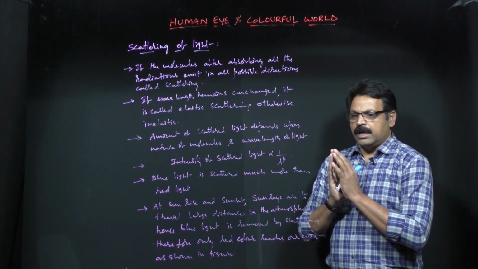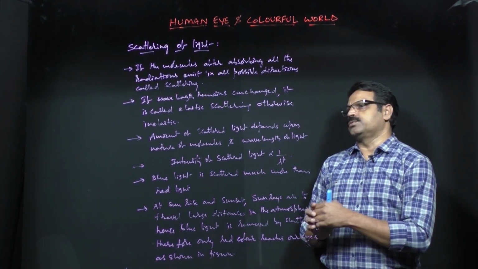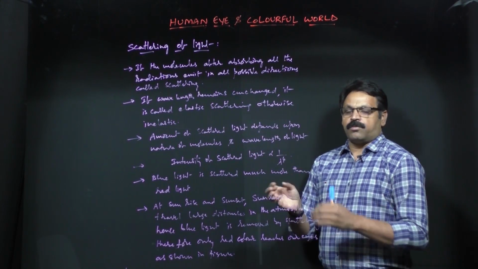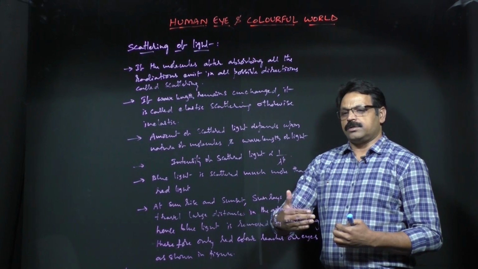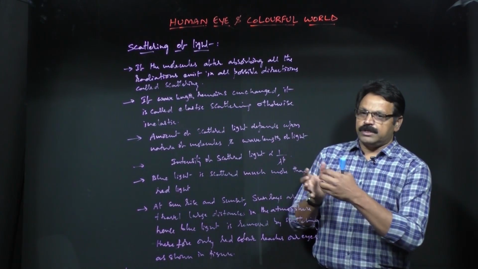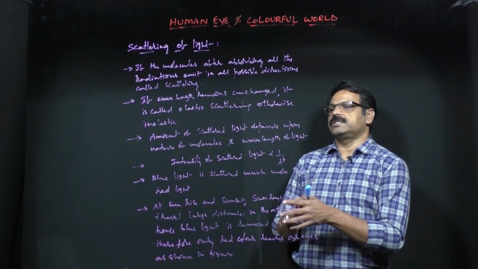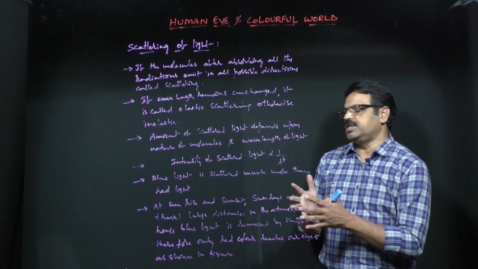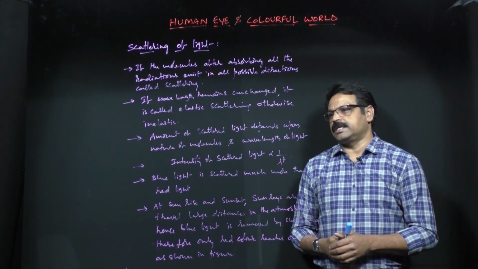Scattering is nothing but emission of the radiations falling on them by the molecules. See here, because light is coming to the molecules and it has a certain wavelength, if whatever wavelengths are absorbed by them are equally emitted back, then you call it elastic scattering. That means if the wavelength remains unchanged during the scattering, then you call it elastic scattering.